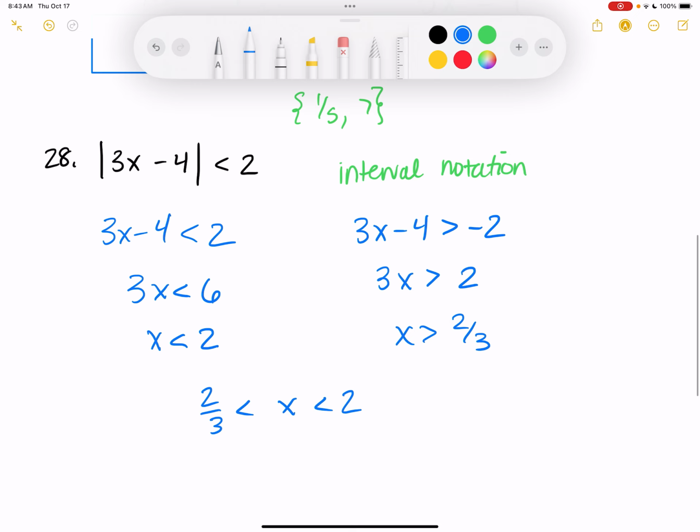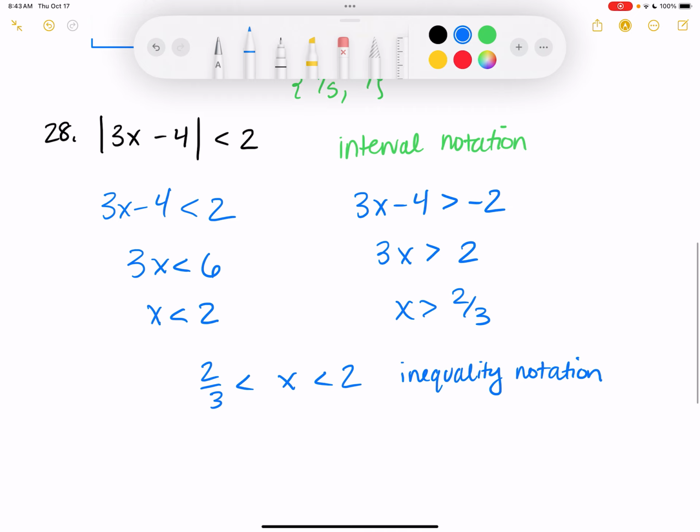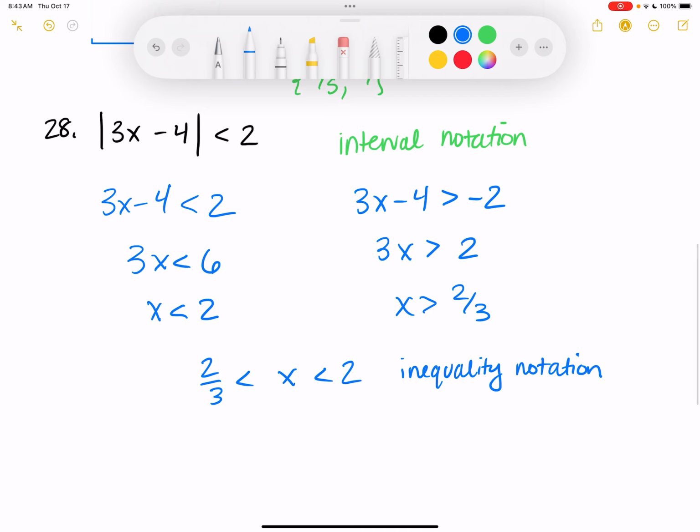Now that is inequality notation. So don't stop there. The interval notation that they want my answer in would be to put this stuff in parentheses, since it's just a less than or greater than. If it's or equal to, then it's brackets. So this would be 2/3 to 2.